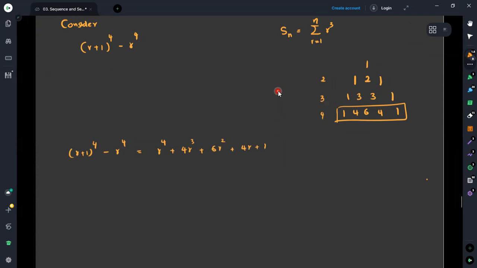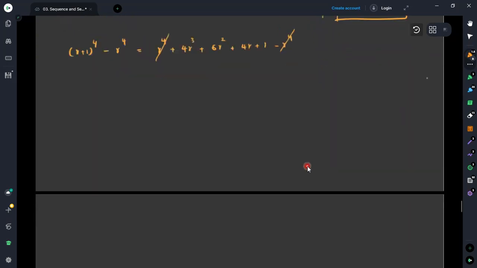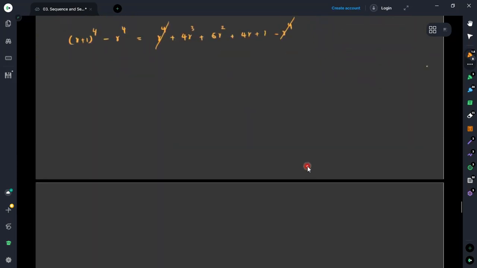Here we also have minus r to the power 4, so we can cancel out r to the power 4 with minus r to the power 4. We then have r plus 1 to the power 4 minus r to the power 4 equals 4 times r cubed plus 6 times r squared plus 4 times r plus 1.